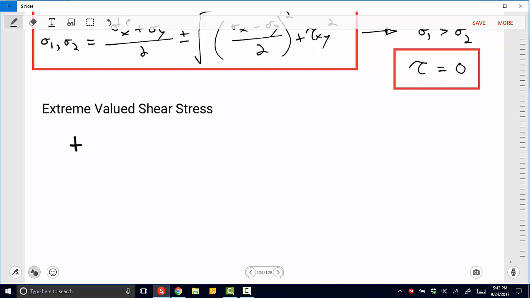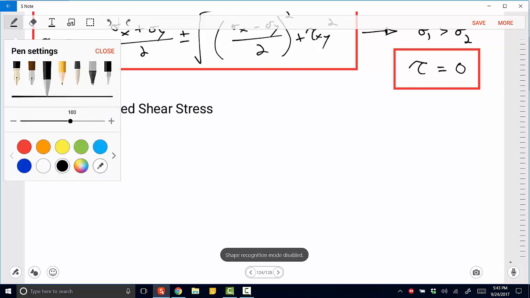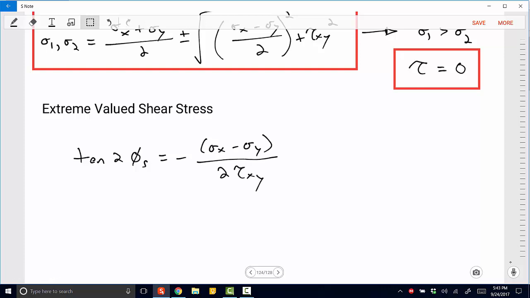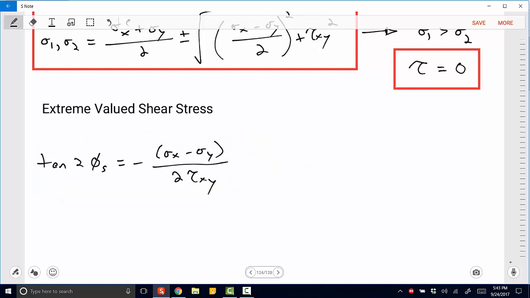Well, the equation we would produce is tan 2 phi s, where phi s are our directions, is equal to negative sigma x minus sigma y divided by 2 tau xy, where when we evaluate this equation, we find both a phi s1 and a phi s2, and the relationship between these two is that phi s2 is equal to phi s1 plus or minus 90 degrees.